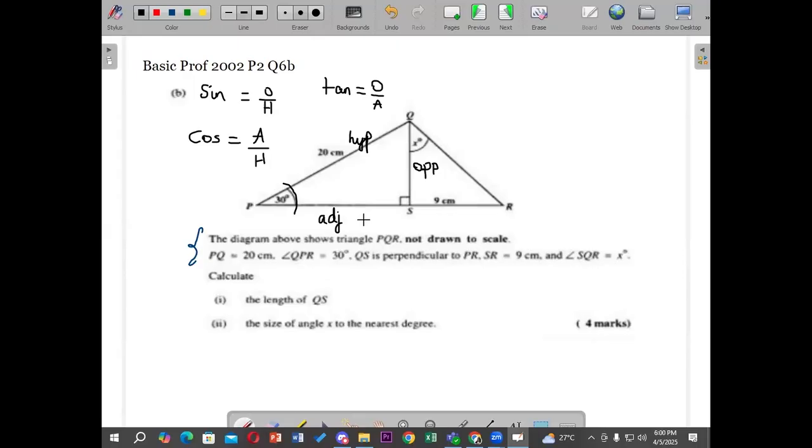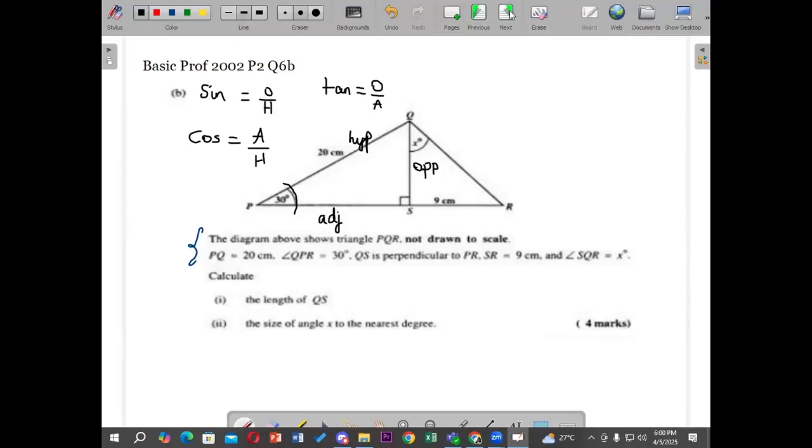Sometimes the questions end up being like that most of the time, right? So very good. We're using the sine ratio. We have to use the sine ratio because we want to find the opposite and we are given the hypotenuse. The sine ratio involves the opposite side and the hypotenuse, and this is the reason for choosing sine.